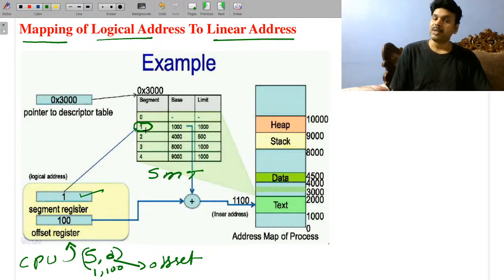Now it points to the segment map table. There it sees that yes, segment 1 is available, and it takes the base address value 1000. It also takes the limit value.